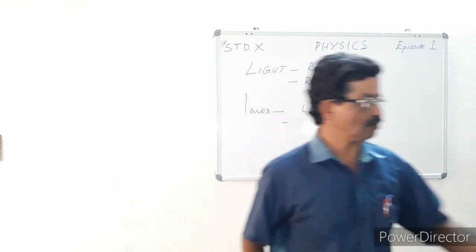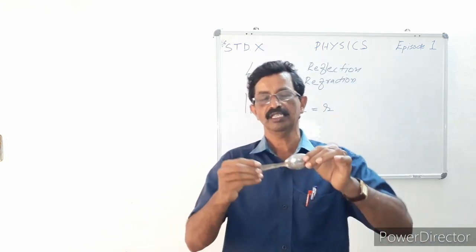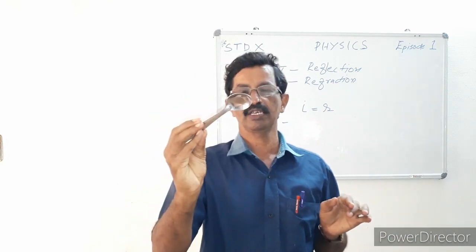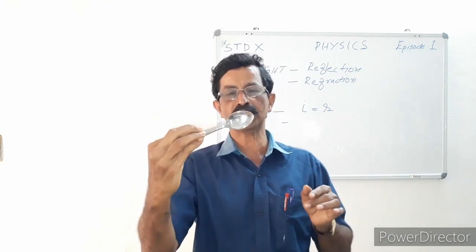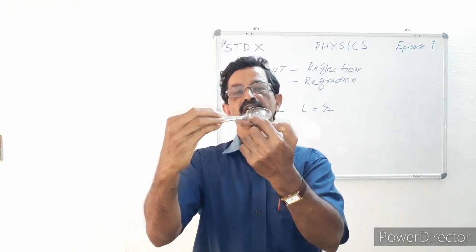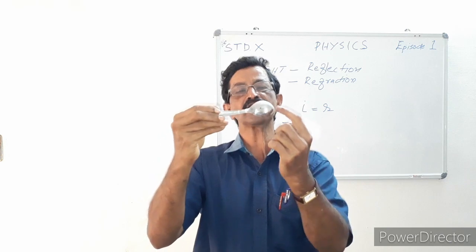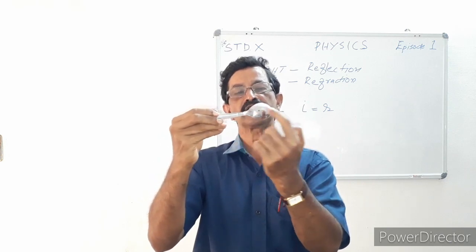For example, you see, this is a steel spoon. It has two surfaces: one surface is curved inwards, and the other surface is curved outwards.